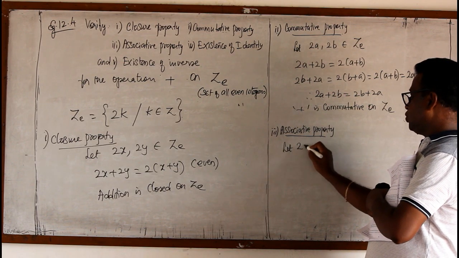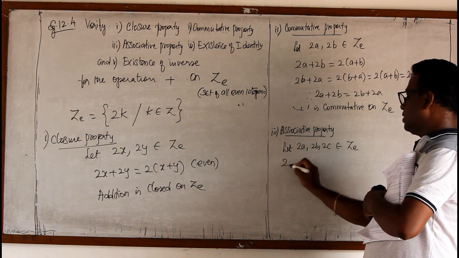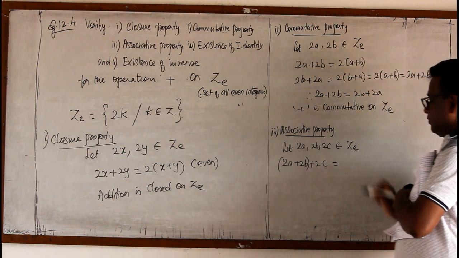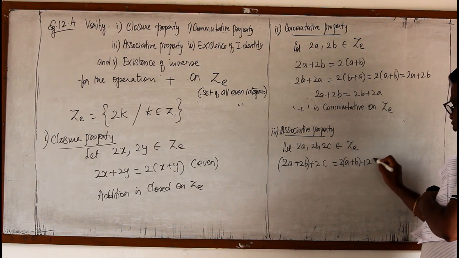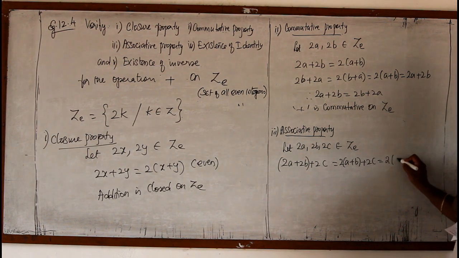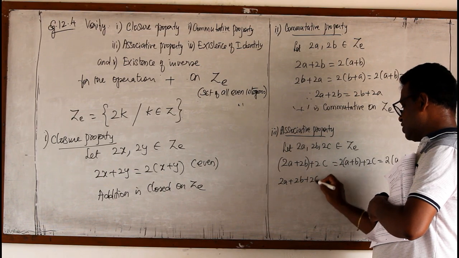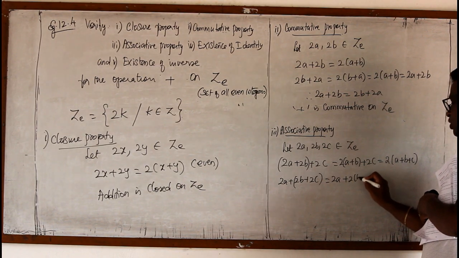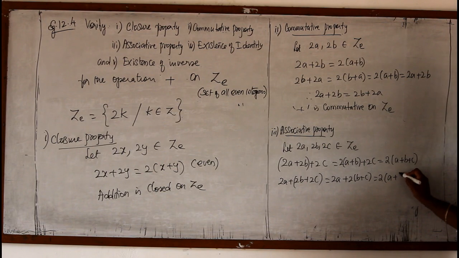Let 2a, 2b, 2c belongs to ZE. 2a plus 2b plus 2c, if I take as per the bracket, 2 into a plus b, plus 2c. Here 2 is common, so I write it as a plus b plus c into 2. Now if I change the order, 2a plus 2 into b plus c, I can take 2 as a common term, then I will get a plus b plus c.